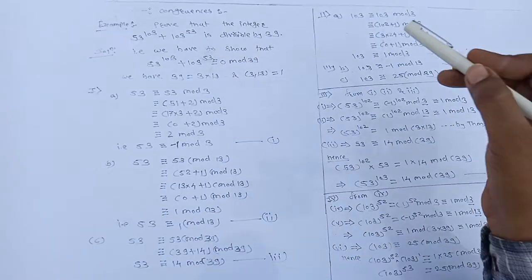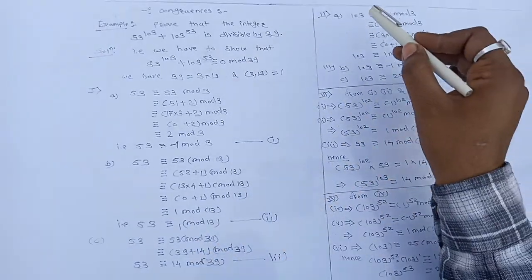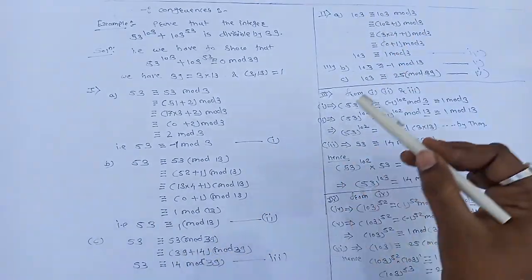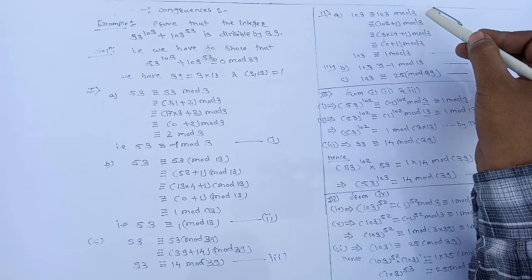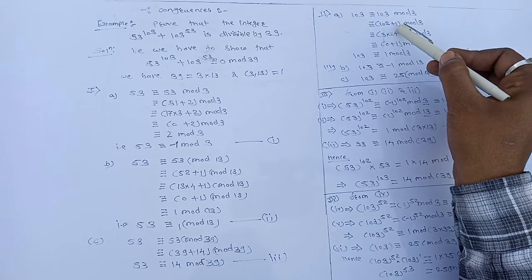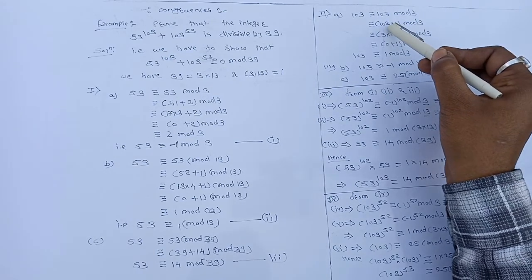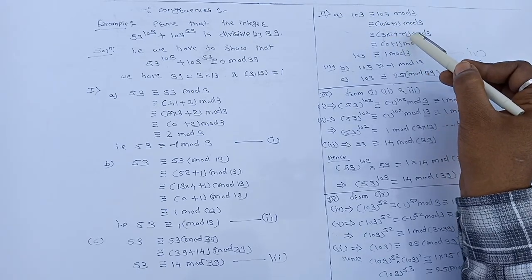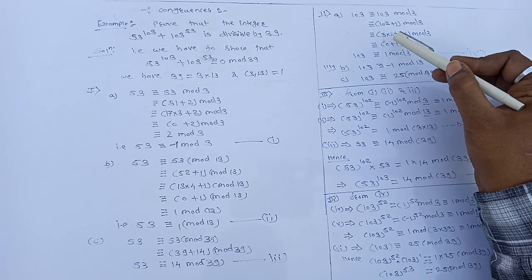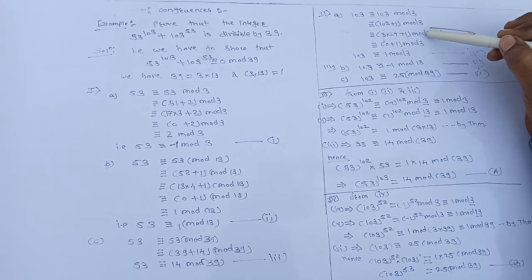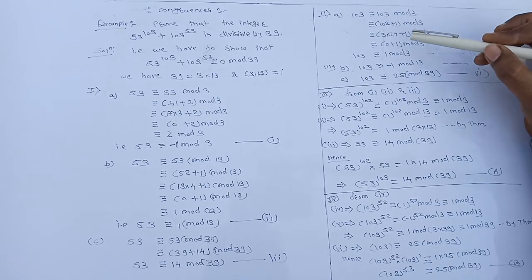Now the second part is for 103. For 103 you can write 103 congruent to 103 mod 3. So 103 is written as 102 plus 1 under modulo 3, and 102 can be written as a multiple of 3, 3 into 34 plus 1 mod 3. So this 3 into 34 under modulo 3 is 0, so the remainder is 1.